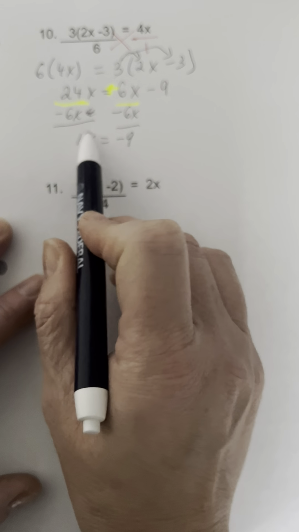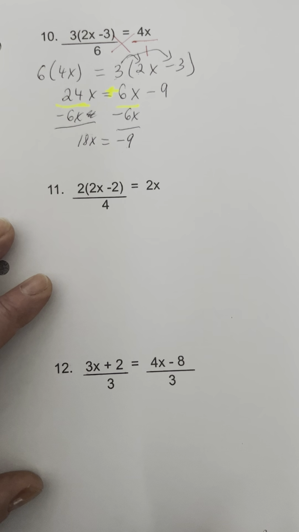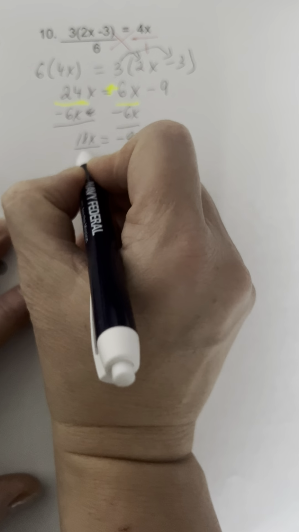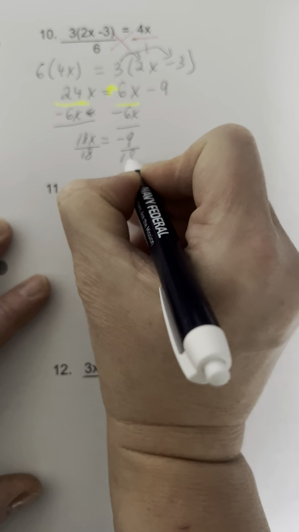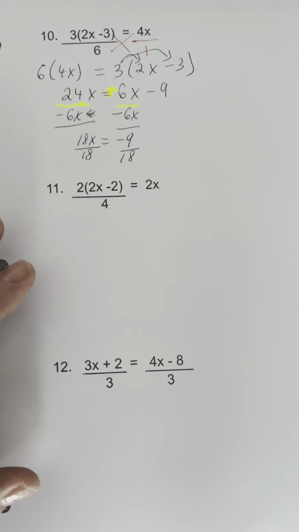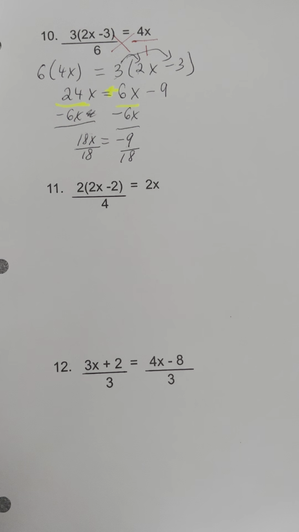Now again, the biggest mistake I see with this kind of problem is people want to divide the negative 9. Nope, no, no. You're dividing whatever's next to the x. And even if it's large, that's all right. Sometimes having a fraction is okay. So that's what we're getting here.